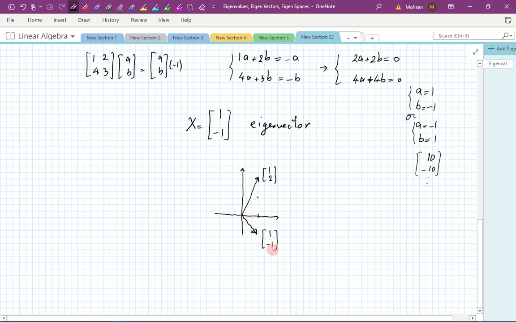If they ask you to draw m times the eigenvector, like in that app where these things were red, when you multiply them, it's going to go all the way there. It was 5, 10, for example, and in this case -1, 1.